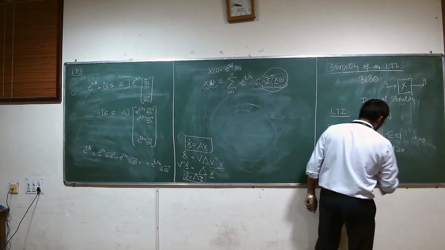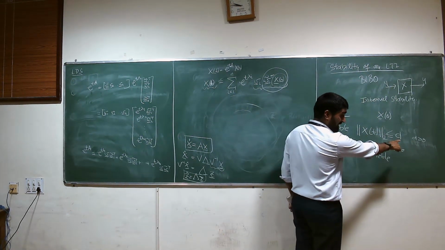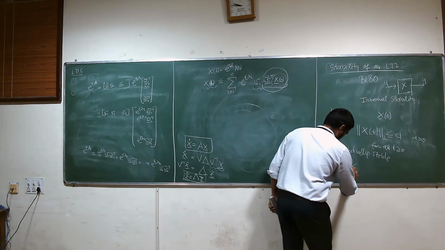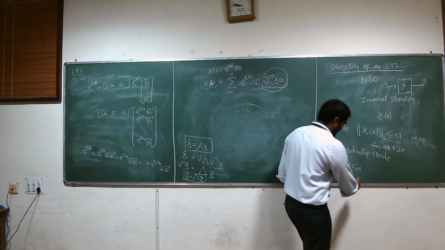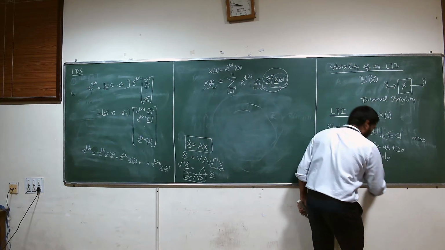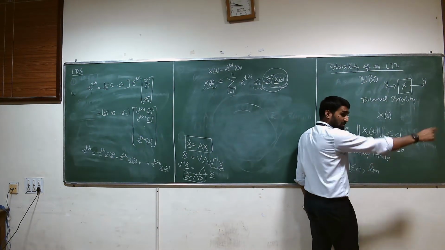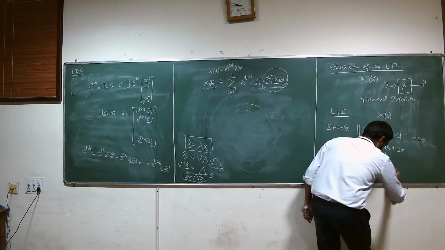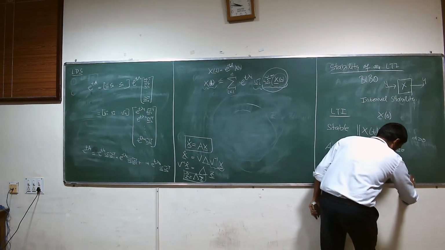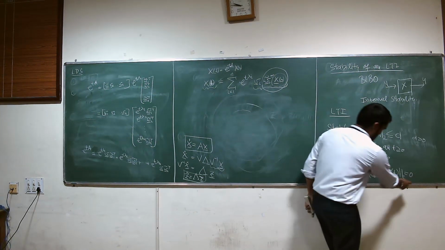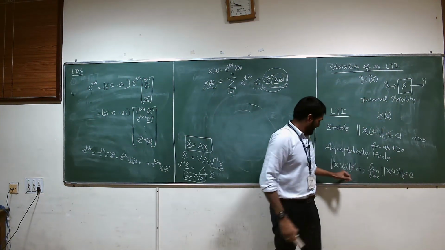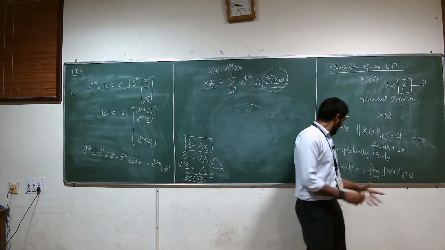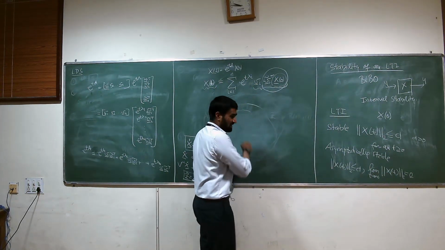asymptotically stable if this is satisfied and if you look at what happens to the trajectory as time increases, the trajectory slowly winds down towards the origin.